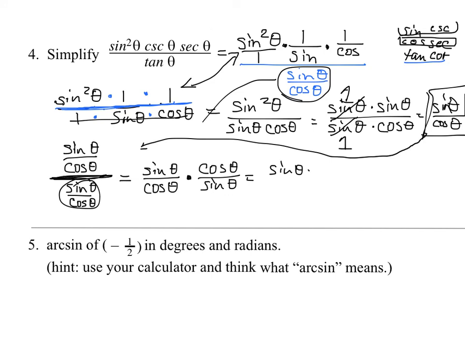Sine theta times cosine theta over cosine theta sine theta. Nothing's added or subtracted. These are all multiplication or products, so I can divide cosine theta out of both, leaves me with 1 over 1, and then I can turn around and divide sine theta out of both, which leaves me with 1 over 1, and that in turn leaves me with a solution, 1.